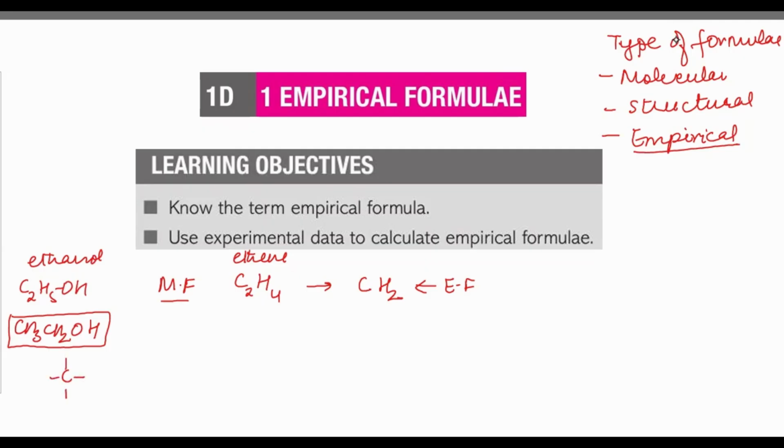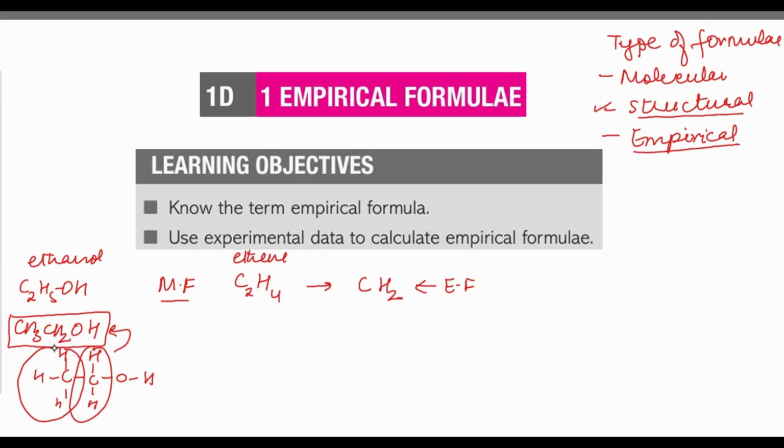When we have a complete displayed structure for ethanol, this is a complete displayed formula. Out of this, I made a condensed formula, my condensed structural formula, showing how each atom is bonded with other atoms.